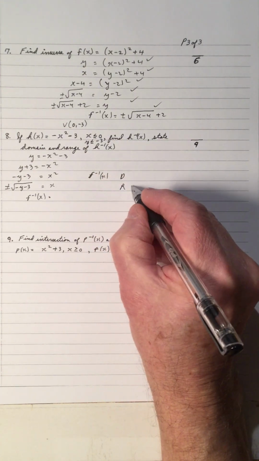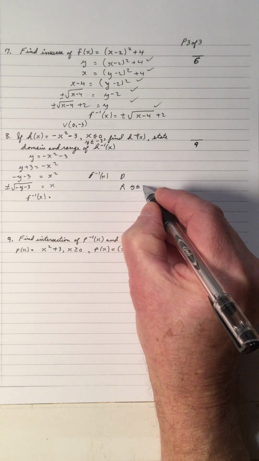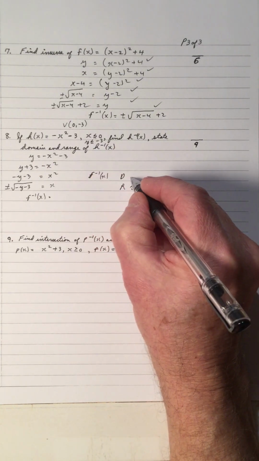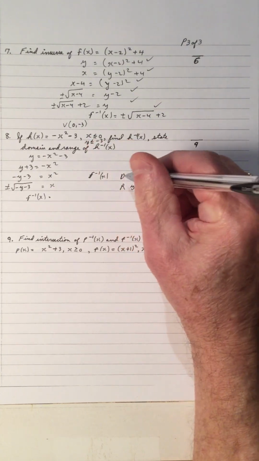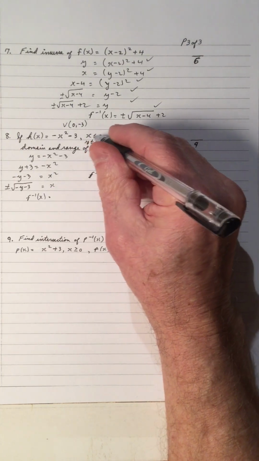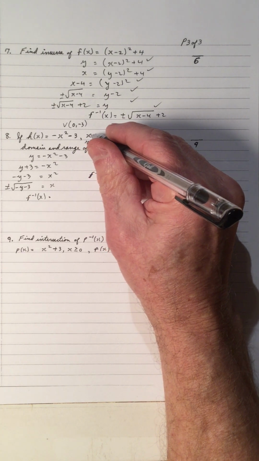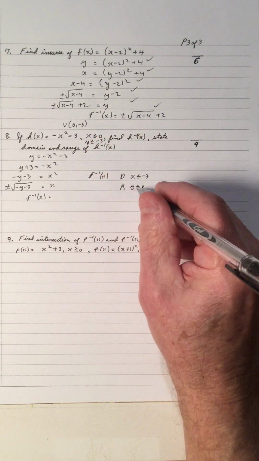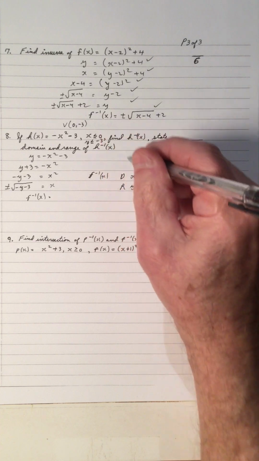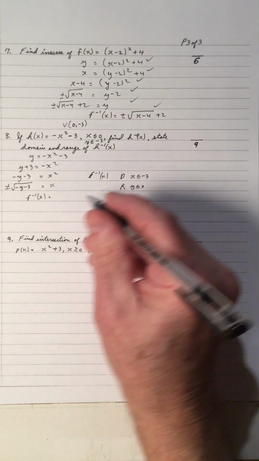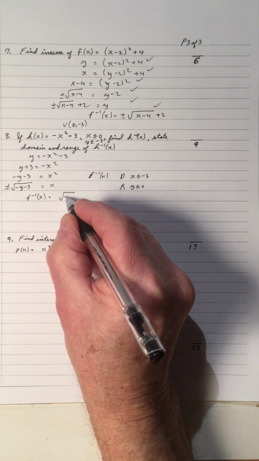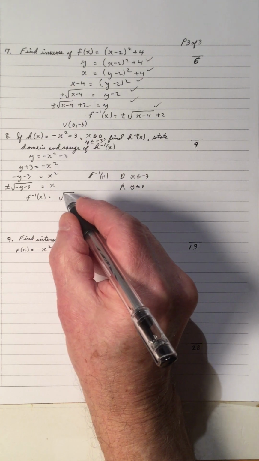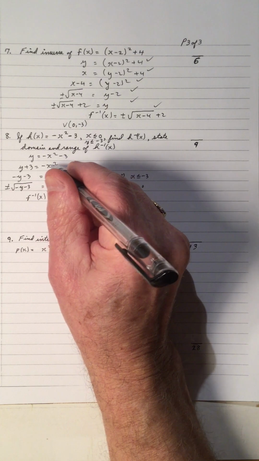Your domain becomes your range, and the range becomes your domain. The domains are always x's, the ranges are always y's, but they're switched around. So this is y is greater than or equal to 0, and this is x is less than or equal to negative 3. So what happens is that we have, I forgot to switch.